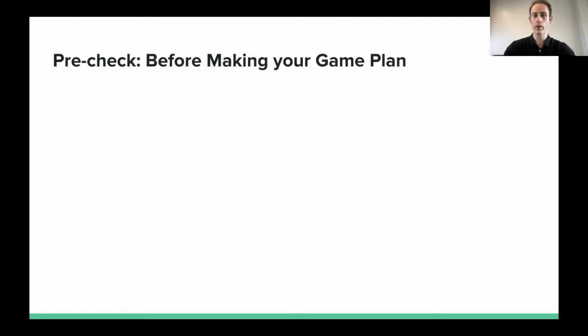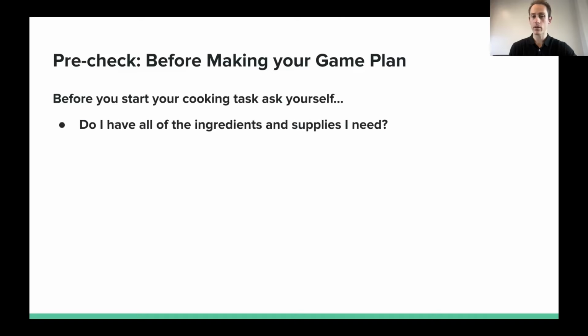So here's some things you might want to check on before making your game plan. So ask yourself, do I have all the ingredients and supplies I need? Or do I need to make a trip to the store and go get those things?